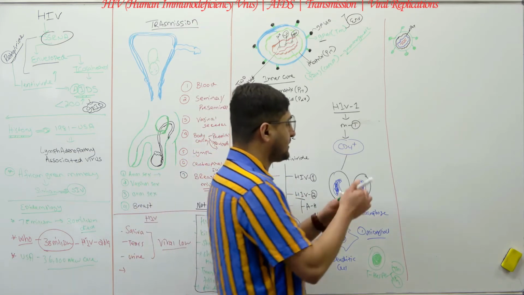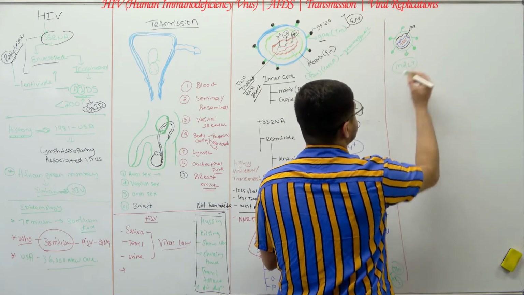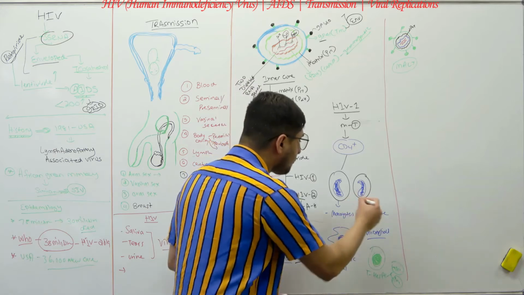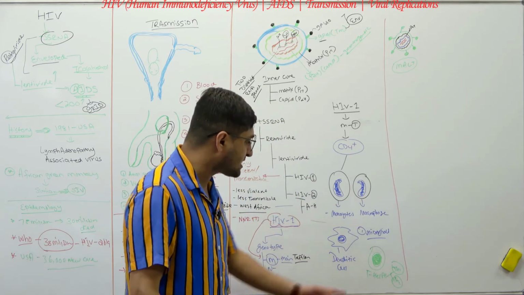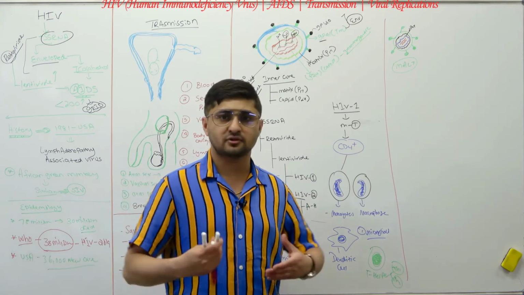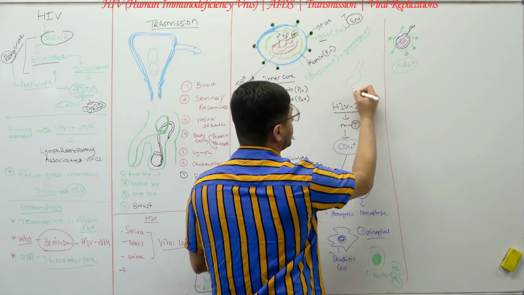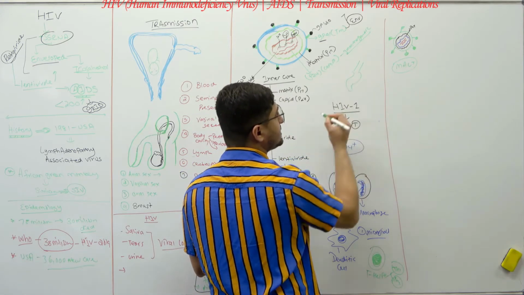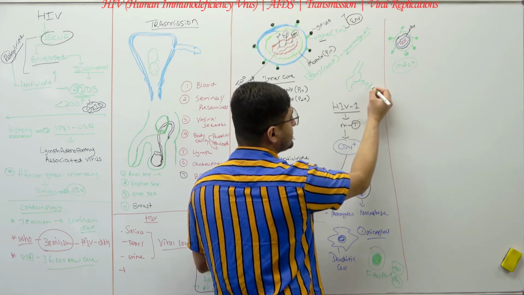MALT, M-A-L-T, mucosa associated lymphoid tissue, is very important because it contains a lot of lymphoid cells, like dendritic cells, macrophages, and T helper cells. And usually, through the blood, it can also get in from the GI system, and it can infect there.